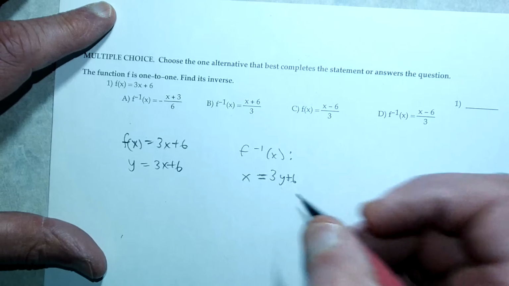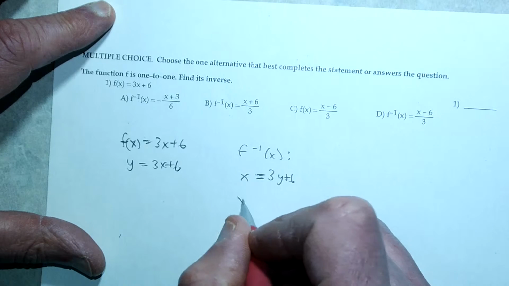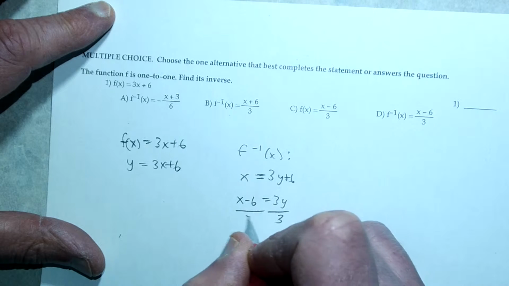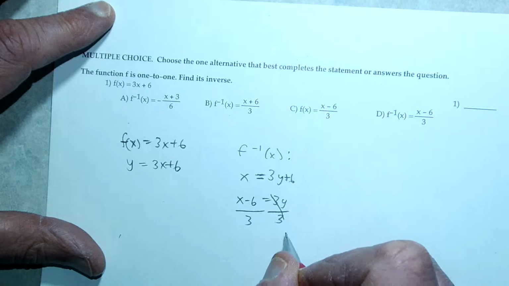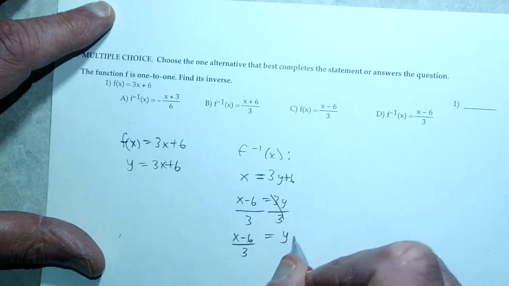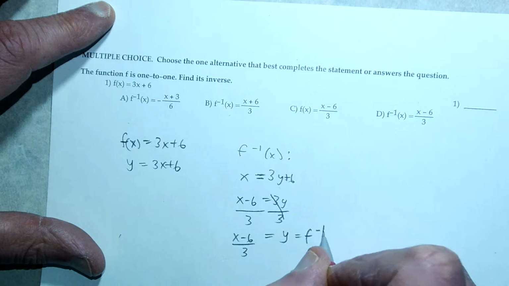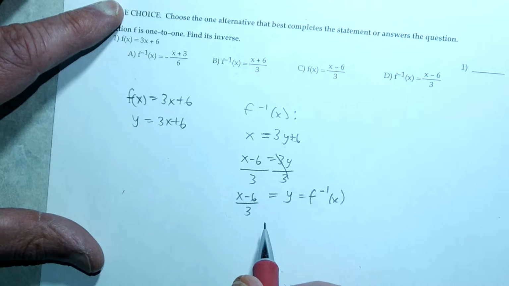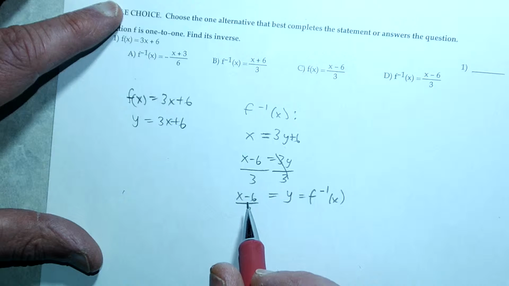What I have here now is, if I subtract that 6, I have this, and if I divide by 3, I'll have this, and I'm going to claim that this is now the inverse function to the original f of x function.